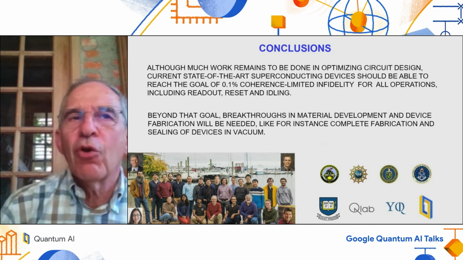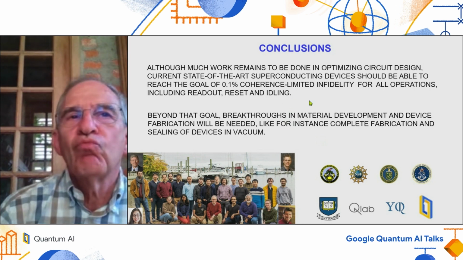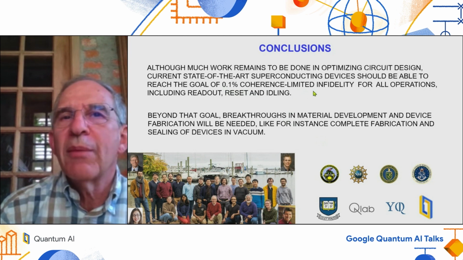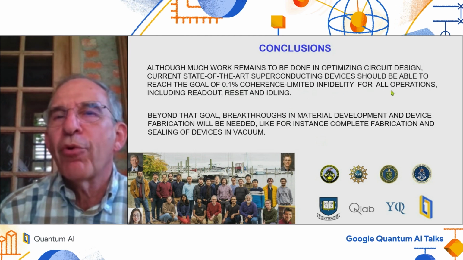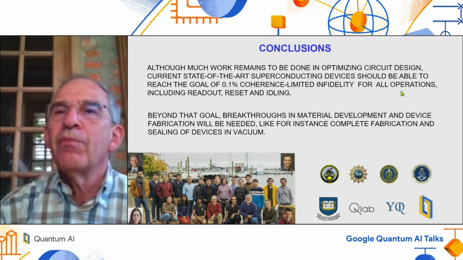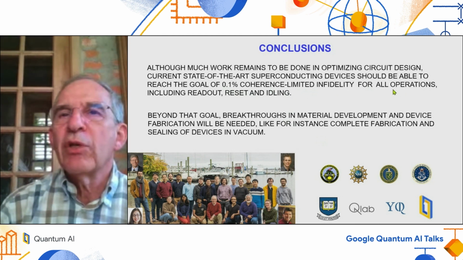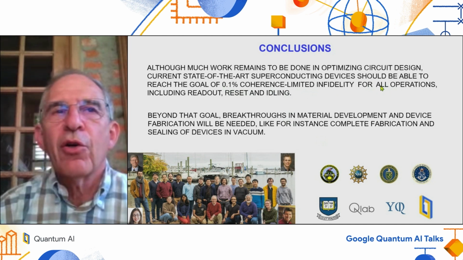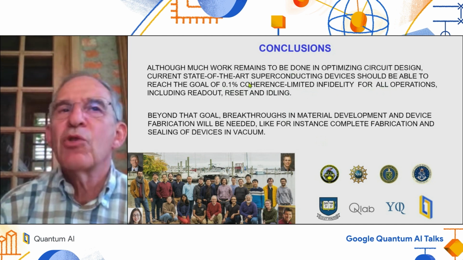And I think the goal of reaching 0.1% infidelity, for coherence-limited infidelity for all operations, including reset and readout, which are very important operations for error correction, seems to me possible.